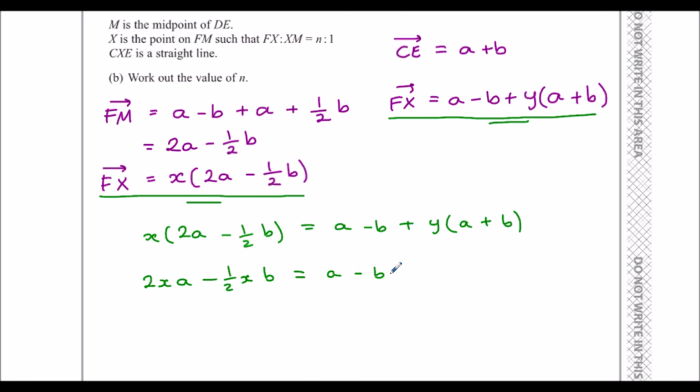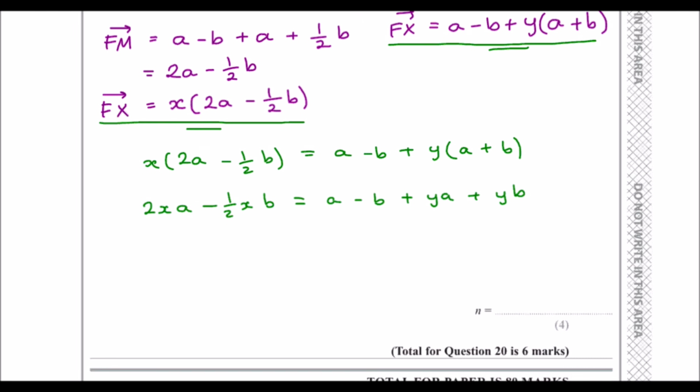And I've got a minus b plus ya plus yb. So what I can do now, I can say the a's must be equal and the b's must be equal. So I can split this out into two different equations, and they will be our simultaneous equations we can solve.